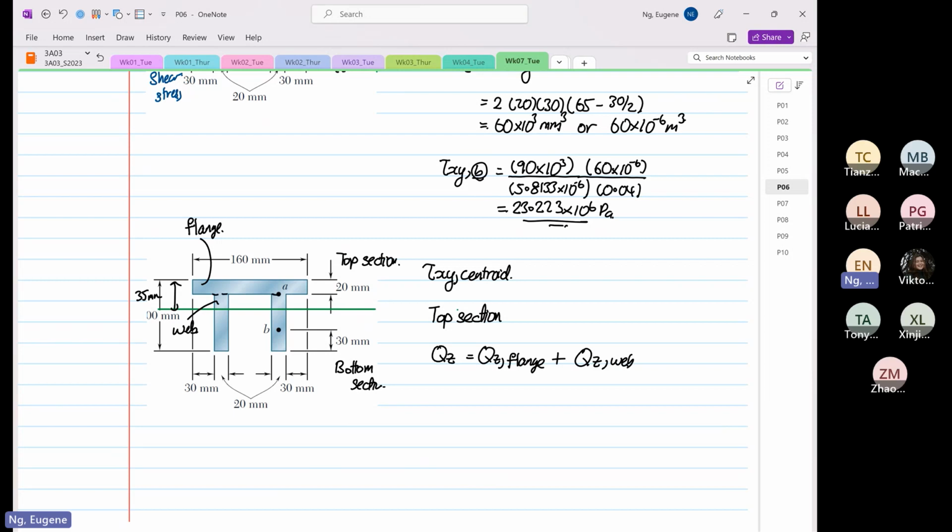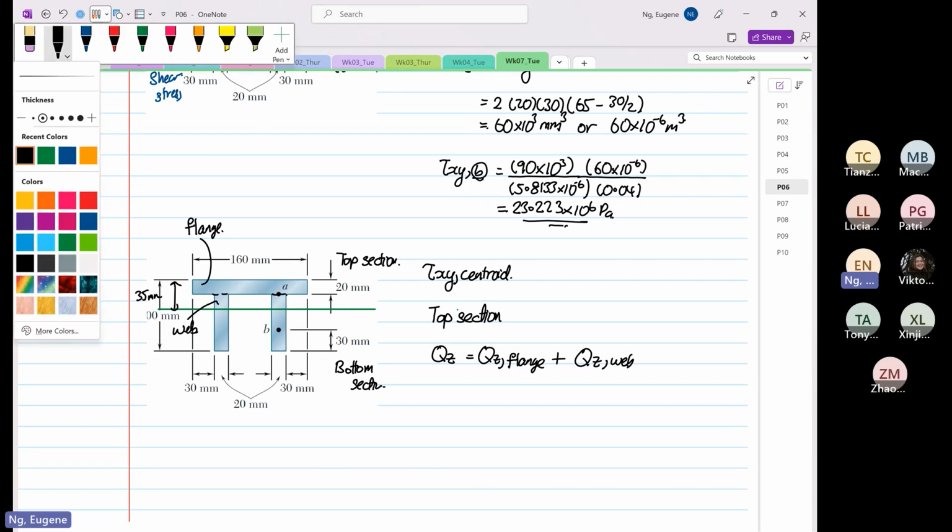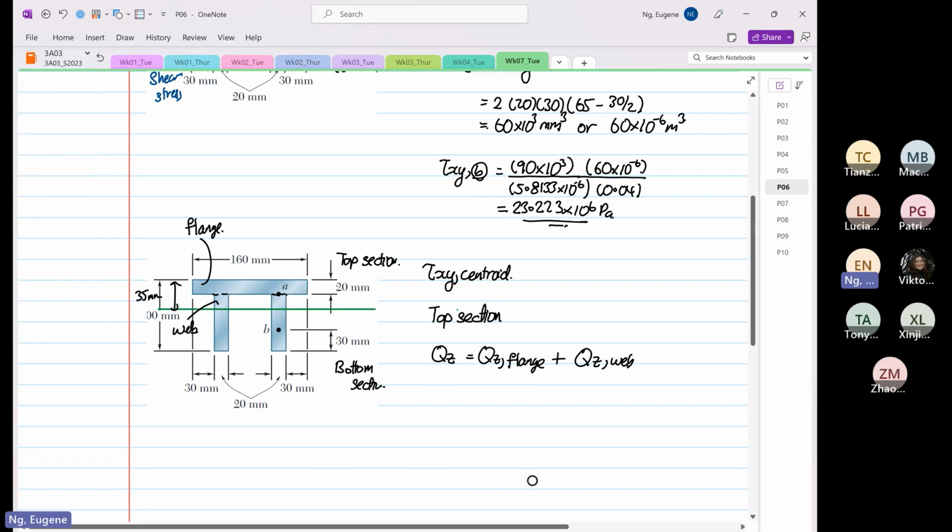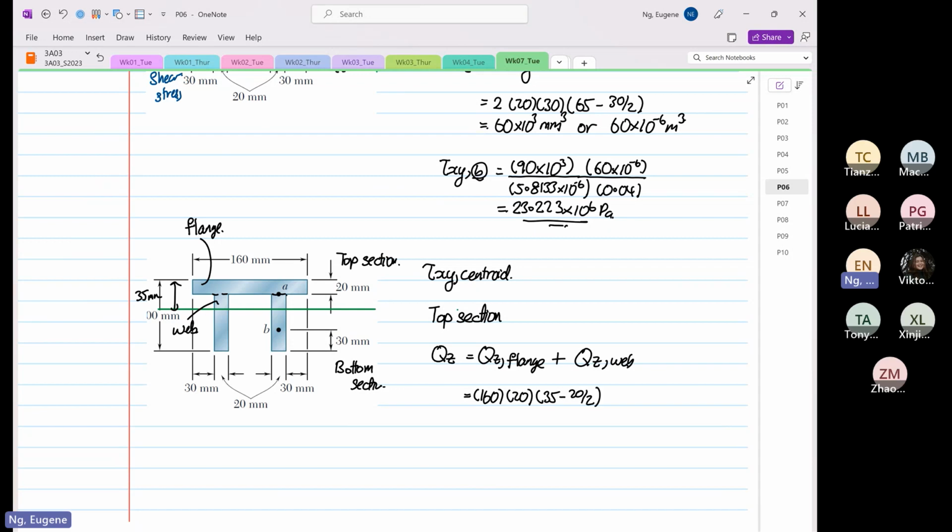So I'm going to section this now. We are going to look at QZ of the flange, and determine that value now. QZ is width, which is 160, times depth, which is 20, times the Y bar, which is 35 minus 20 divided by 2.